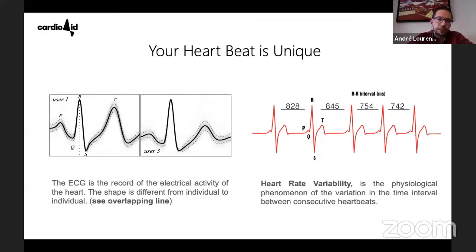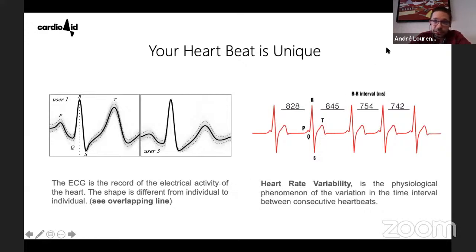So this is the base idea of what we are trying to do in terms of identifying users based on ECG. This is just an example of 2 users, and even by just looking at the pictures, we see that the T wave is very different for each of the users, and it is almost permanent over time.